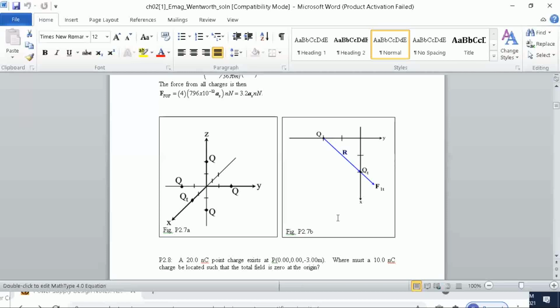Sir, we tried to calculate how much force the 20 Newton point charge would be exerting at the origin by itself.